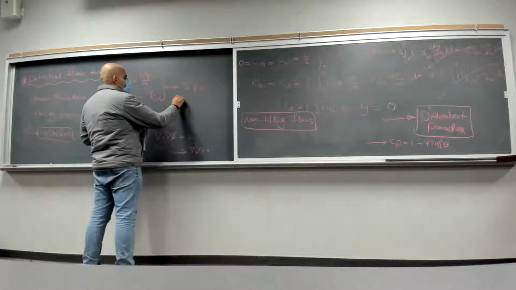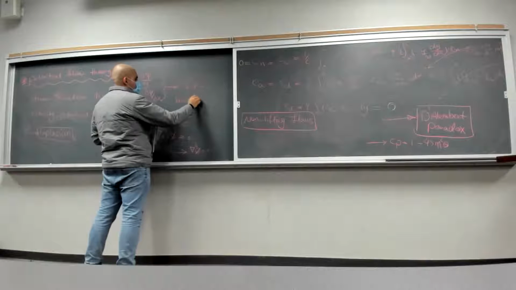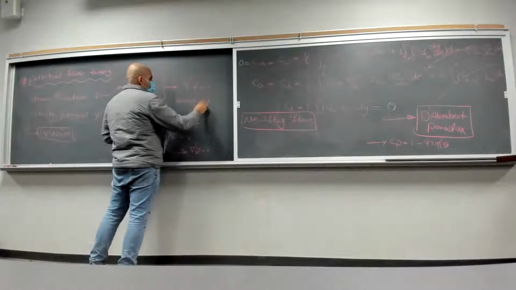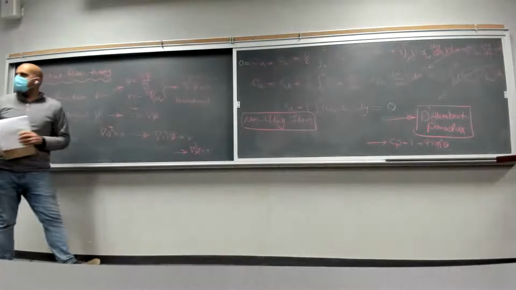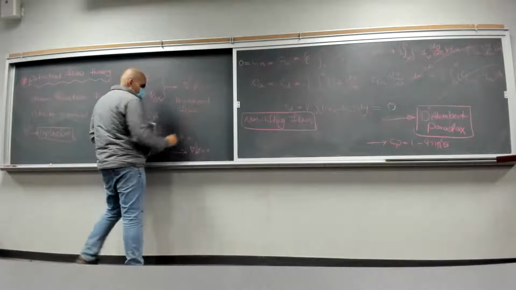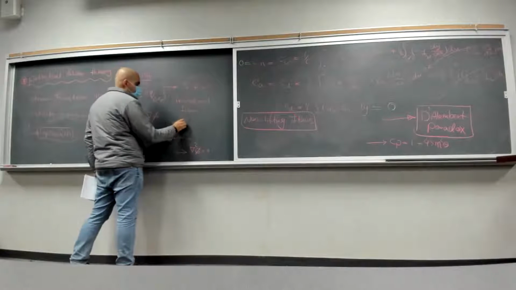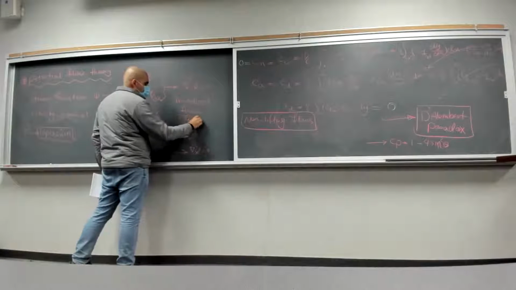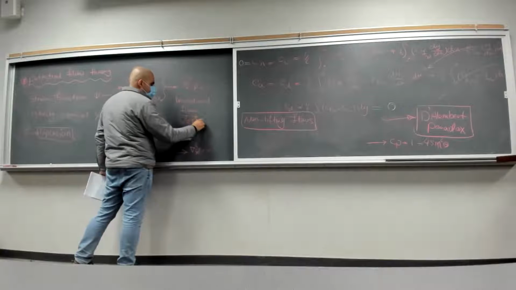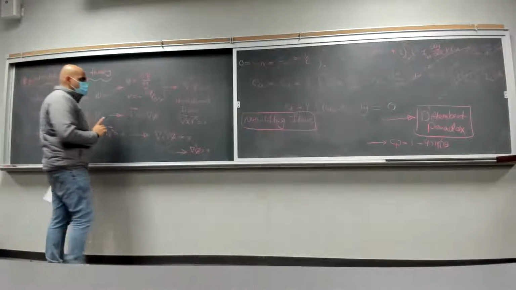What was the main characteristic of an irrotational flow? Does anybody remember? Curl of velocity is 0. So del cross V is 0. And this is where you're going to get a bonus point.